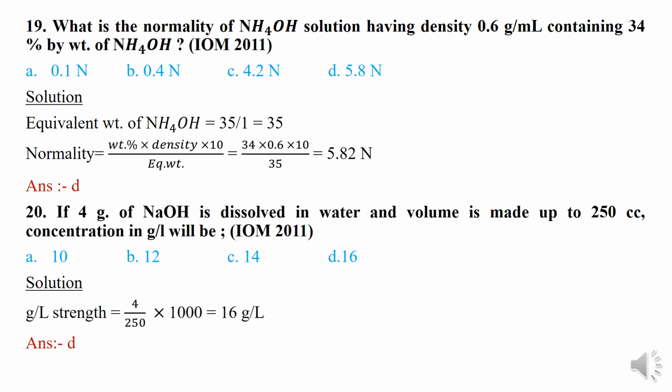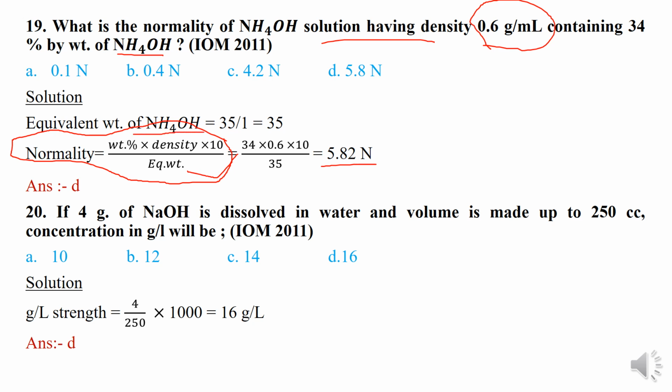What is the normality of ammonium hydroxide solution having density 0.6 gram per ml, containing 34% by weight of ammonium hydroxide? Just remember this formula to calculate the normality: normality is equal to weight percent into density into 10 by equivalent weight. Put the values here and 5.82 normality is the answer. We have to calculate the equivalent weight of ammonium hydroxide.